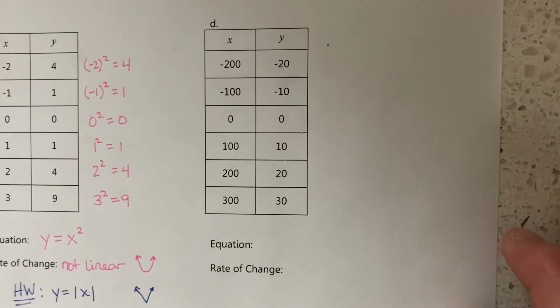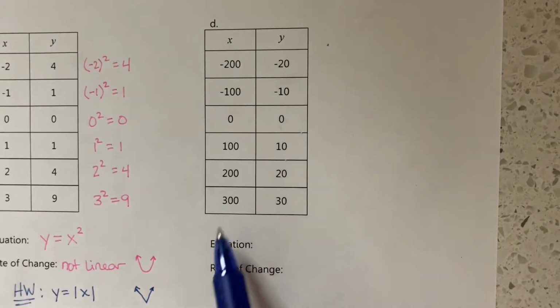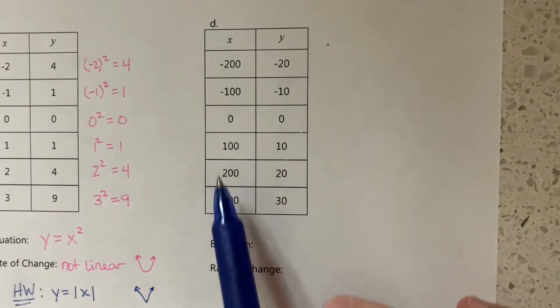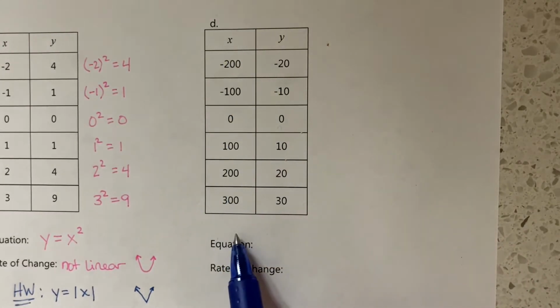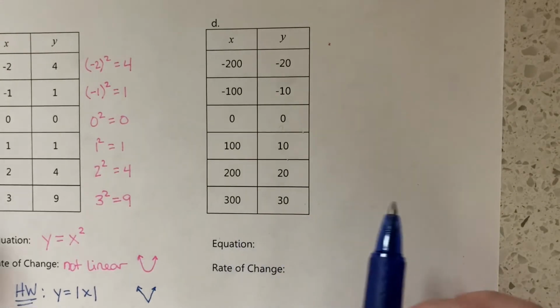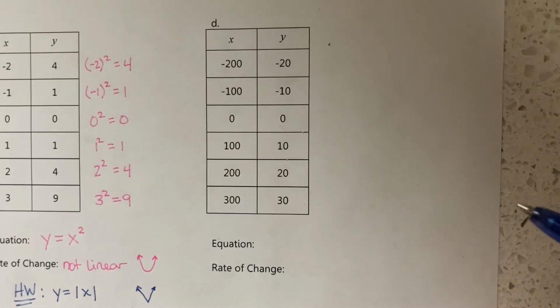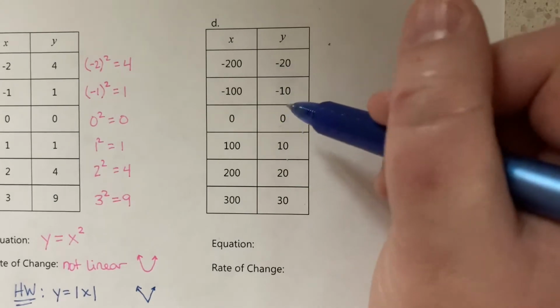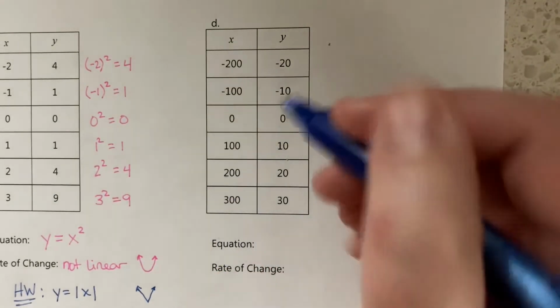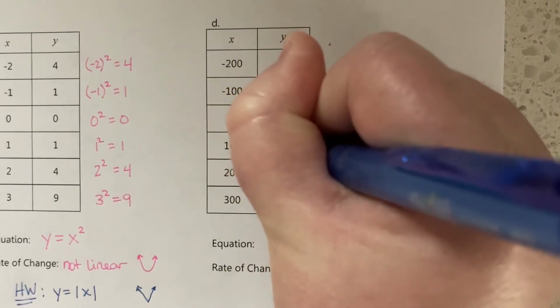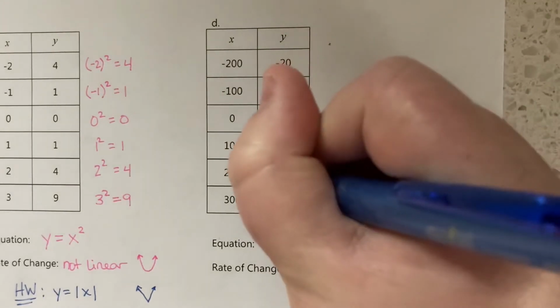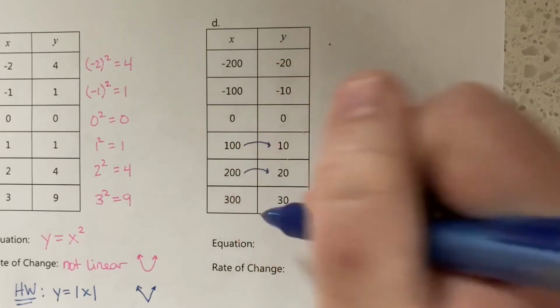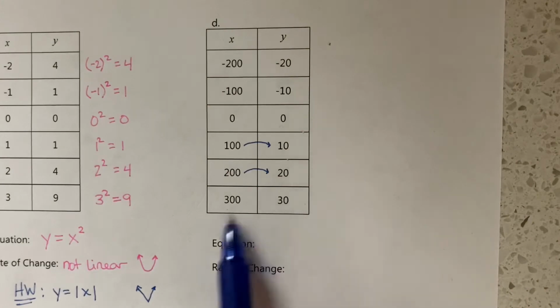All right, let's do another one that's linear, hopefully. One big difference in this table is that the x's are going up by more than 1 at a time. But we still need to find an equation. So again, I like positives. How can I get from 100 to 10? Or 200 to 20? Do you see how it's just taking off a 0?